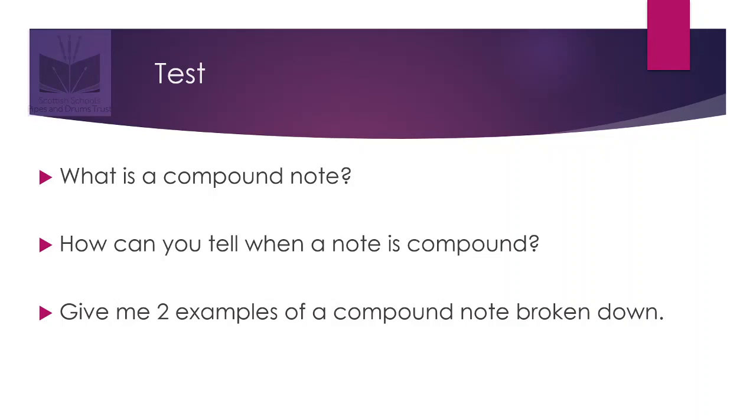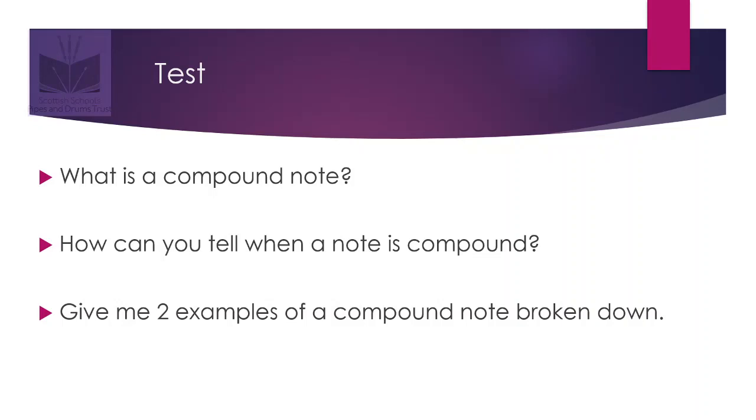So what is a compound note? A compound note is a dotted note, so it's got a dot after it, and it can be split into 3 equal parts. That is what a compound note is. How can you tell when a note is compound? It's got a dot after it. I didn't really give you time to write that down. And give me 2 examples of a compound note broken down.